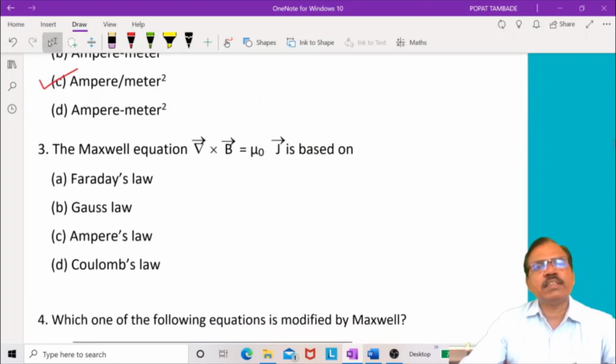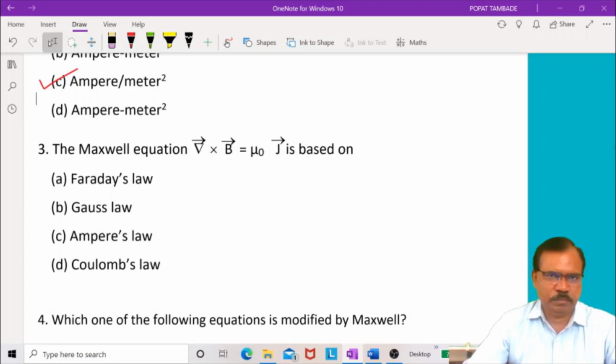Now the Maxwell's equation del cross B is equal to mu 0 J is based on.